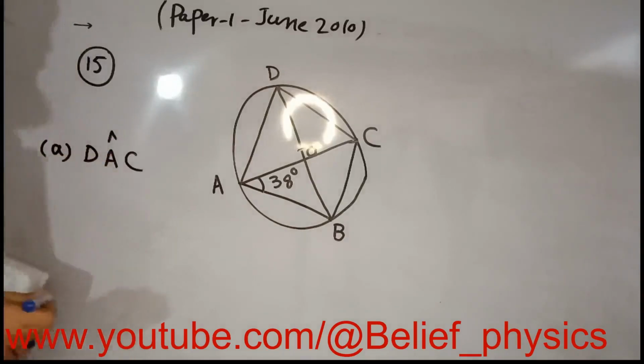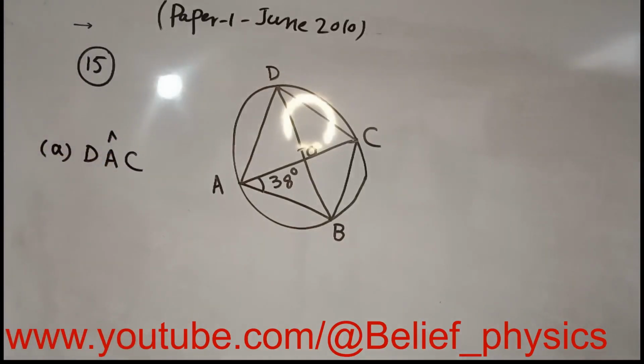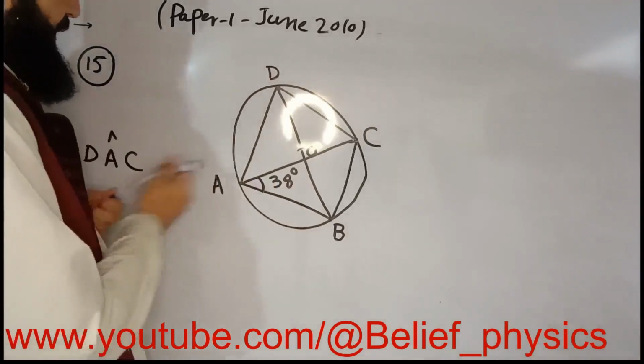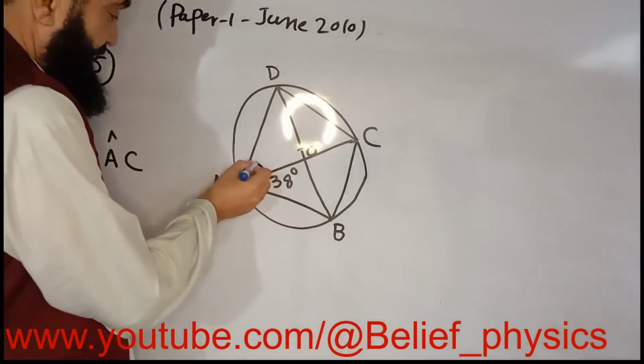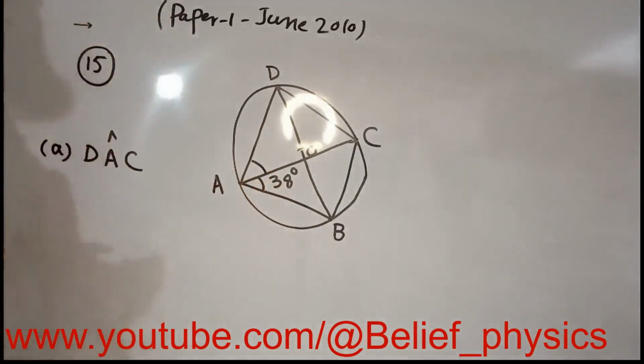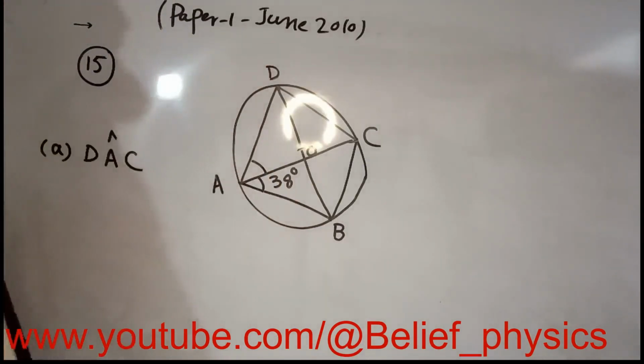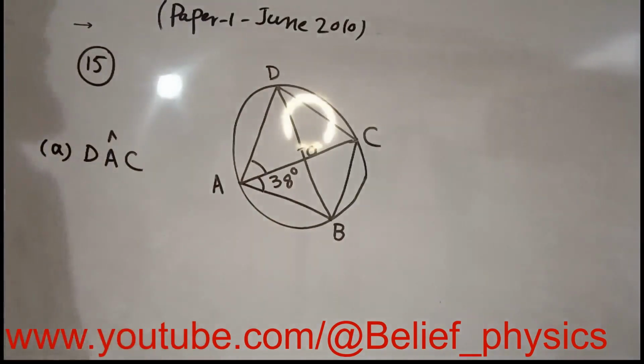First of all, we have to locate which angle is DAC. This angle is DAC. It is quite easy. The angle inscribed in a semicircle is 90 degrees. This is the first property.